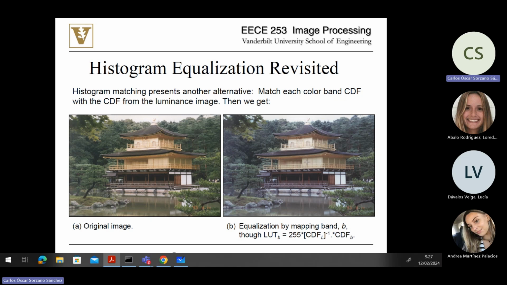And now the colors are different. It is not equalization, so it's not more uniform. It is at least that all the bands have something similar to the luminance. Now the transformation looks more natural.